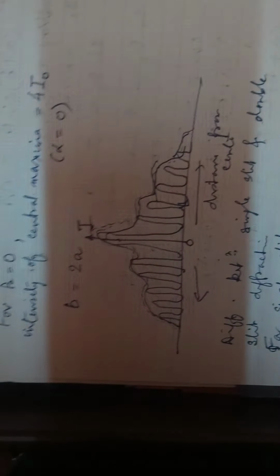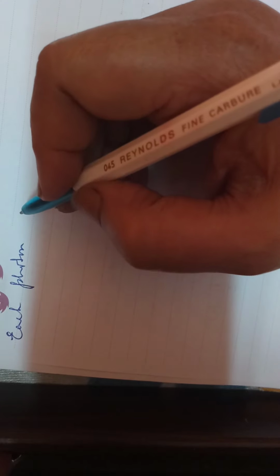So you can say that each photon has energy h nu. Each photon, because in Planck's radiation law we talk about the energy, isn't it? And that is n nu d nu, which is the number. Now each photon has energy h nu.